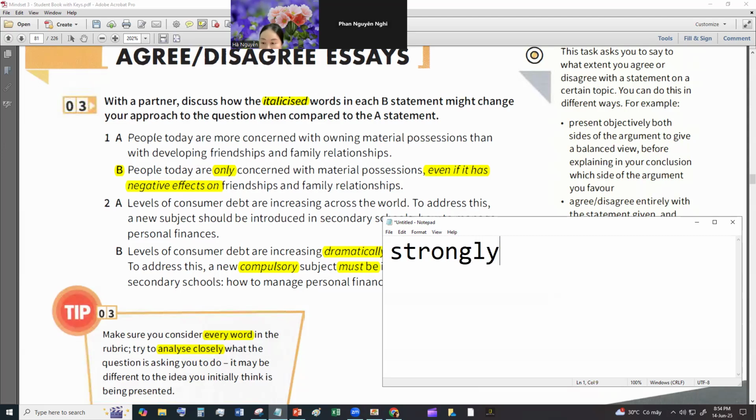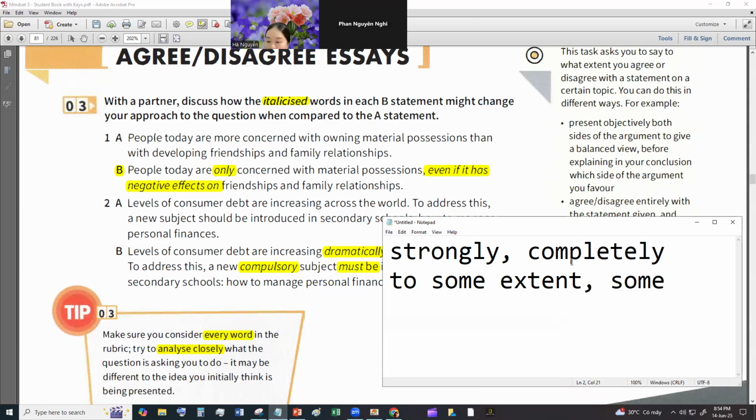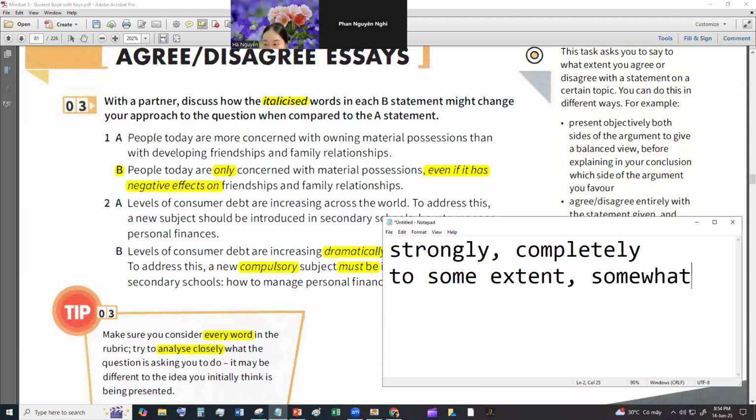Strongly, completely. So these words would be suitable for B statements: strongly agree, strongly disagree, completely disagree. But for statement A, you can have strongly or completely, and you can have to some extent. I agree to some extent. I disagree to some extent, or somewhat. I somewhat agree, I somewhat disagree.